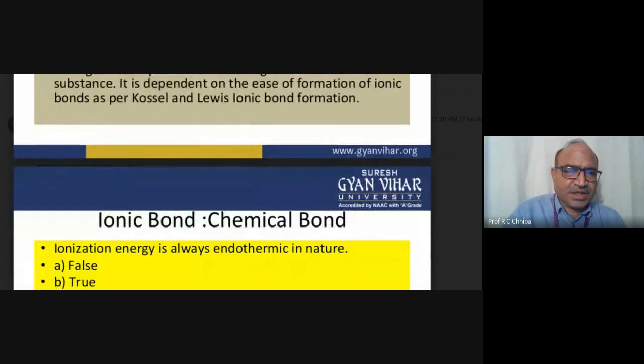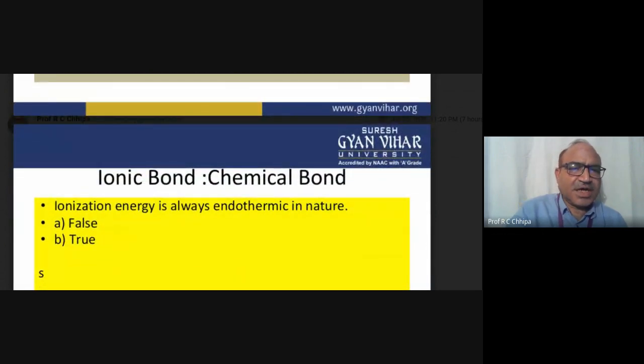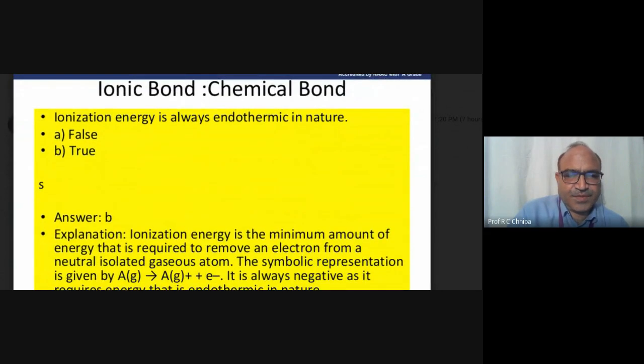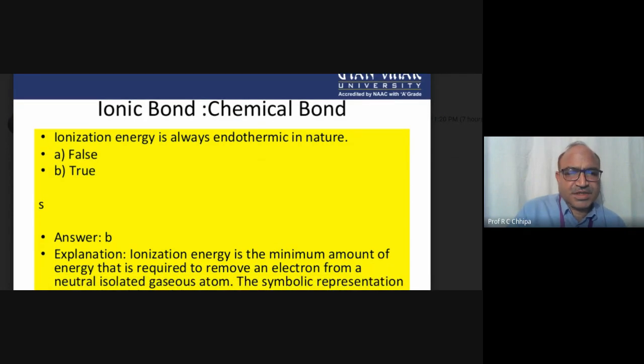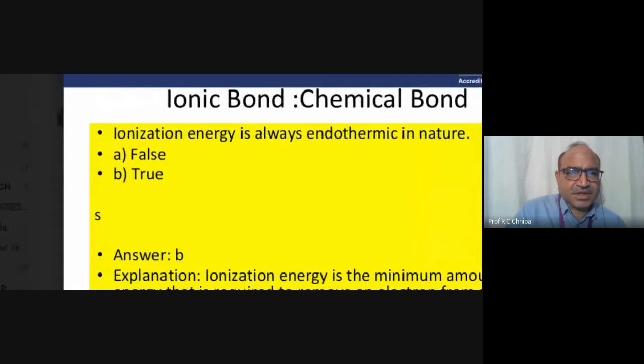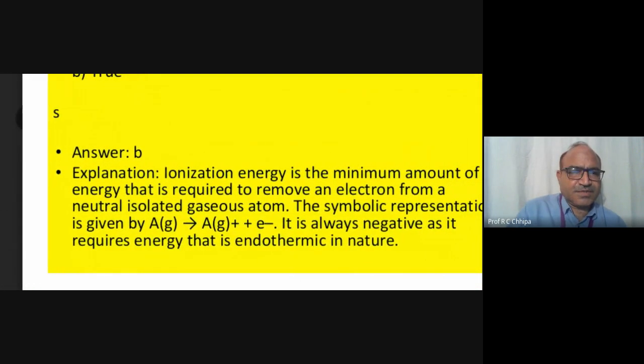Let's say we have another question, related to ionization energy, and endothermic or exothermic reactions. In an exothermic reaction, energy is released, and an endothermic reaction takes in energy. Ionization energy is always an endothermic reaction. Is this false or true? The correct answer is B, true. How can this be explained?